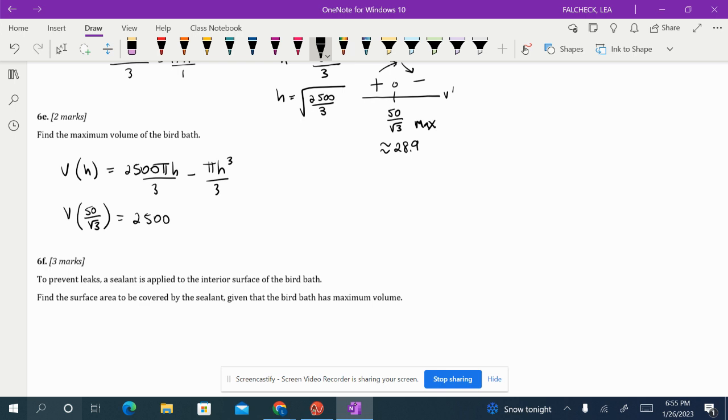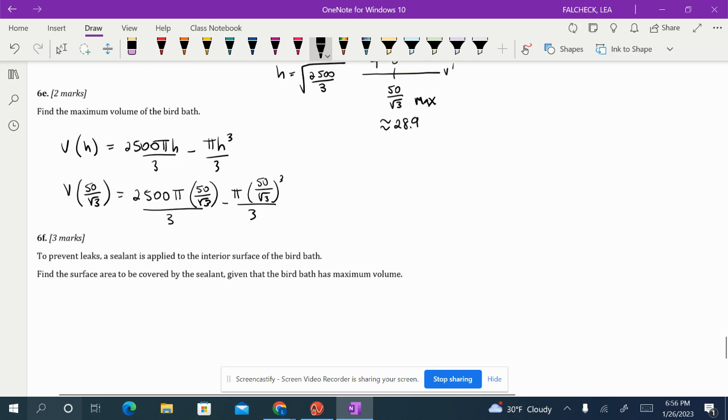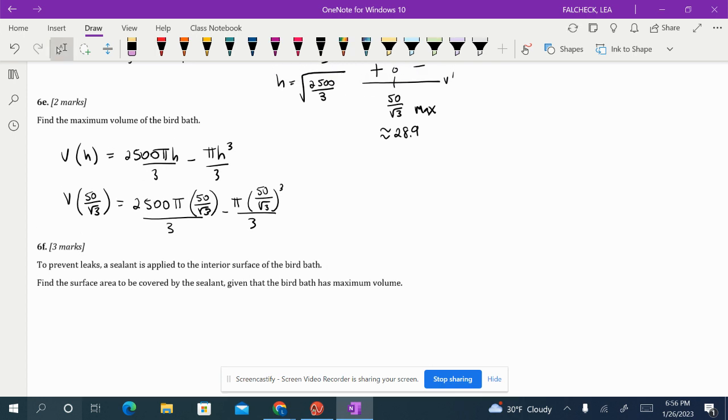So we have 2,500 pi, and then I'm subbing in that value for h. This is all over 3 minus pi times 50 over the square root of 3, cubed, divided by 3. Excuse me. Oh, wait, this is a calculator question because you definitely have to type that in your calculator to solve. But it does make it a little easier with the square root.